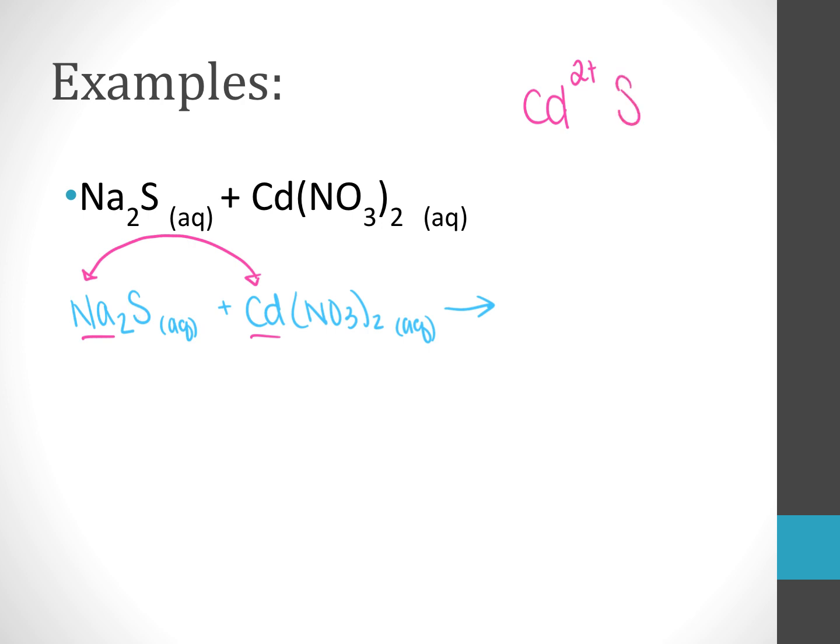What kind of charge does sulfide have? Good, -2. So once you have your charges, what do you do? Crisscross. What do we get? It's going to reduce down, so one of our products is going to be CdS.